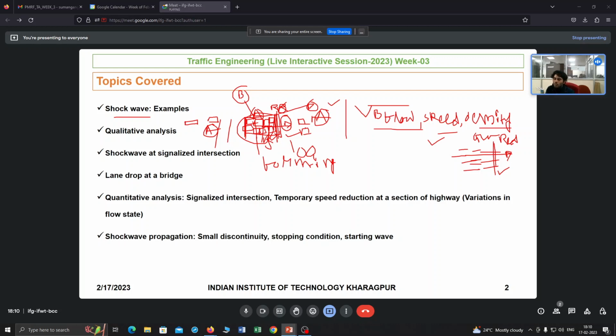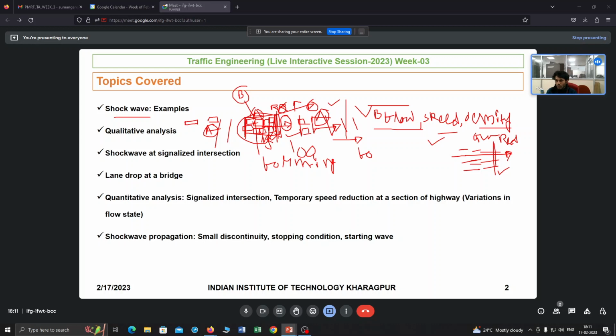Now what about this? Here is a state with 0 flow, 0 density, right? And here is a state where some vehicles are constantly going forward. As they go front and front, the shock wave also changes its position, right? Obviously. So it is forward because it is going in the same direction, and it is also moving. But now the question is, is it forming or is it recovery?